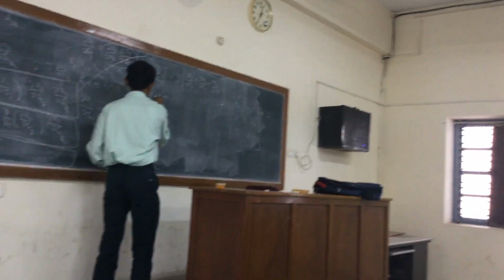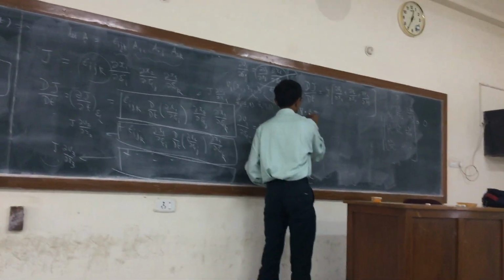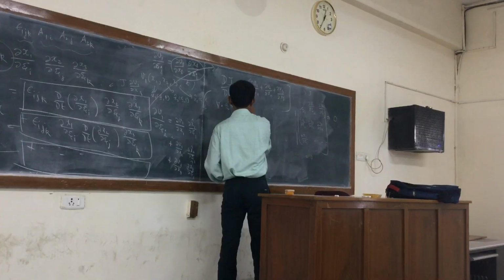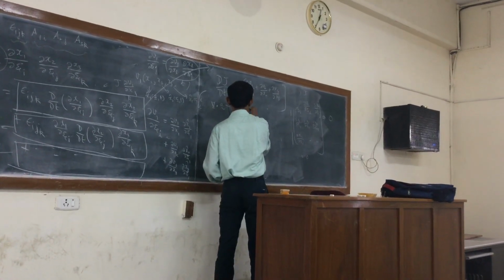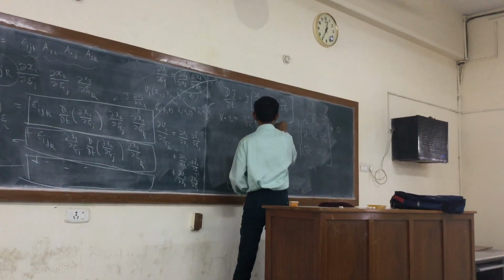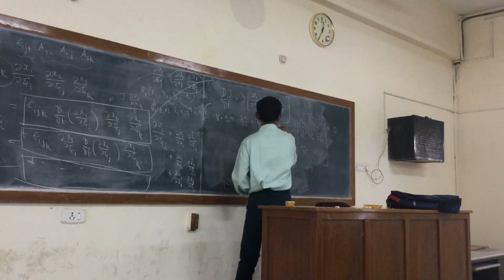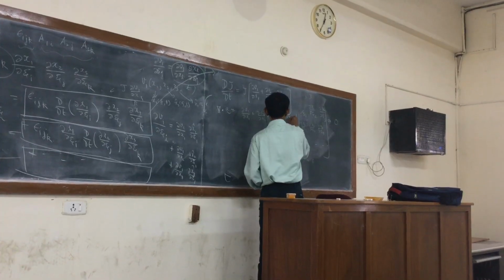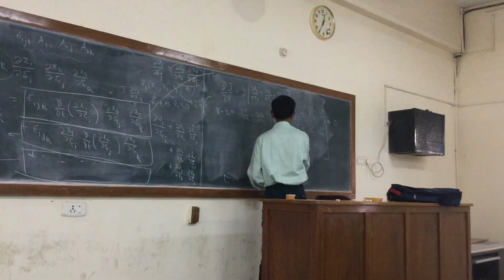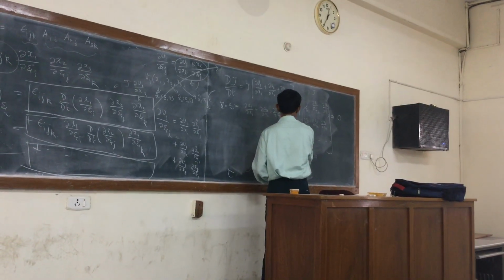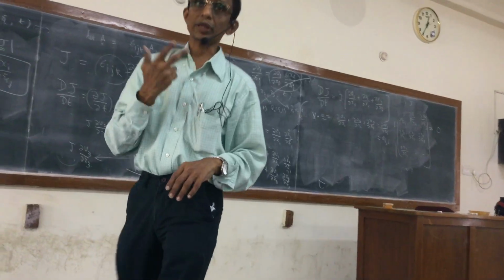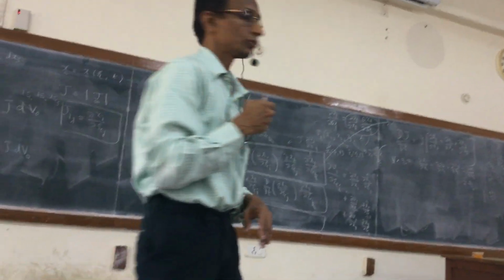It's usually written as the gradient operator dotted with the vector, and this will be given by dA1 by dx1. I can very compactly write it as dAi by dxi, even more compactly as Ai comma i, using all the notation that we have introduced.